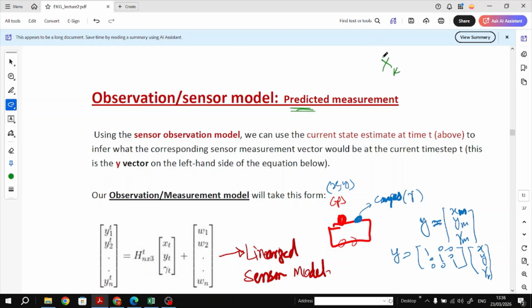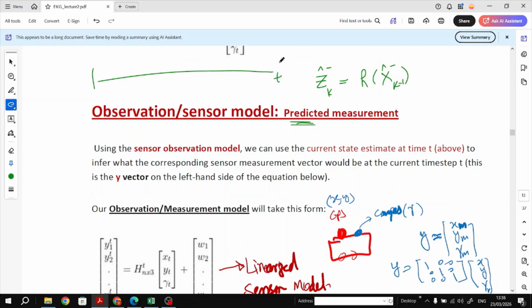If you know the predicted state, for example this one, the h function will tell you what your predicted state is at time, let's say, k minus 1 and at time k. If you look at the timeline, it will be something like that.